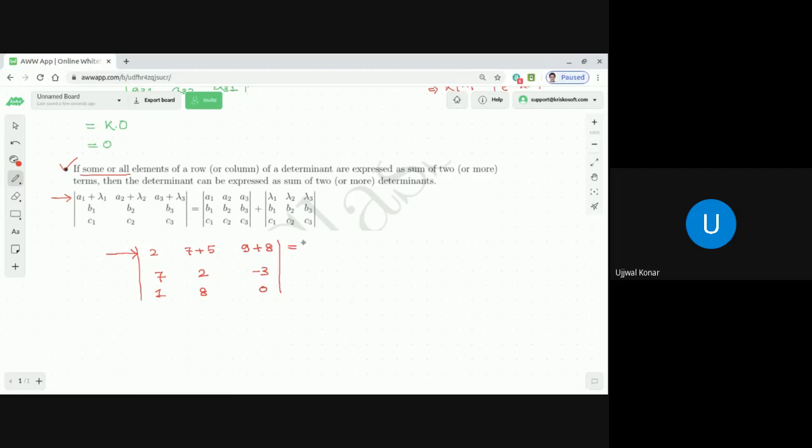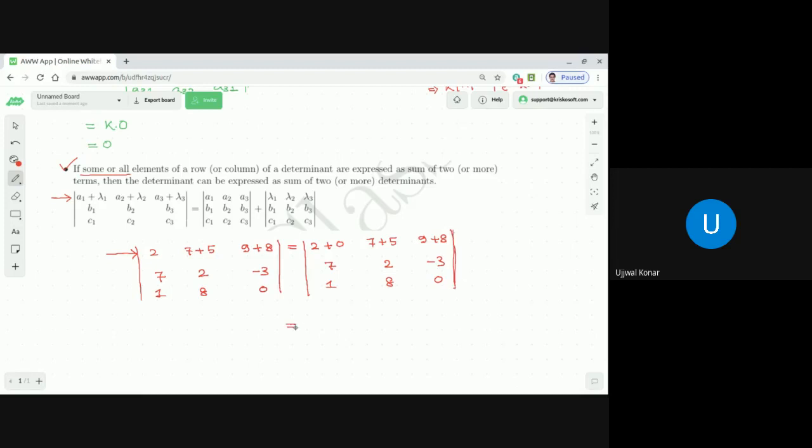So how can we represent this? Then also you can write that instead of 2, we can write 2 plus 0. Then 7 plus 5, then 9 plus 8, then 7, 2 minus 3, 1, 8, 0. So how are we going to express this, dear students?